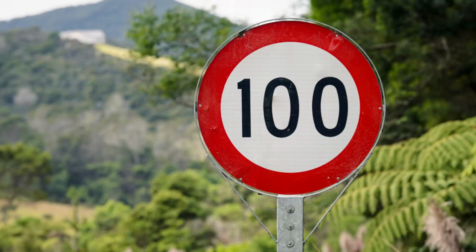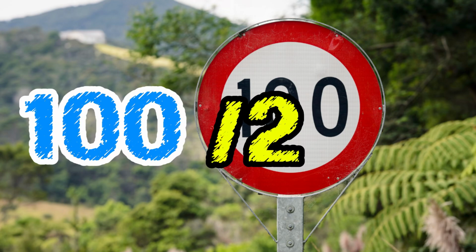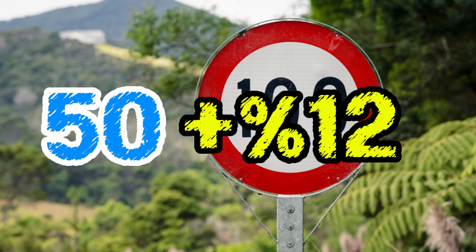Now, converting kilometers to miles is a little trickier. And that's because kilometers are a smaller unit and can be more precise. Now, we use a very similar method, just in reverse, and it is a little trickier because it's not by 10%, rather it's by 12%. So let's say we have 100 kilometers. You want to half that first to 50, and then you add 12% of the original number.